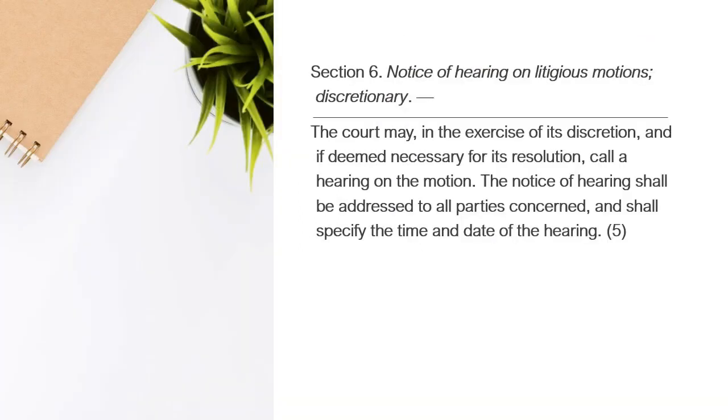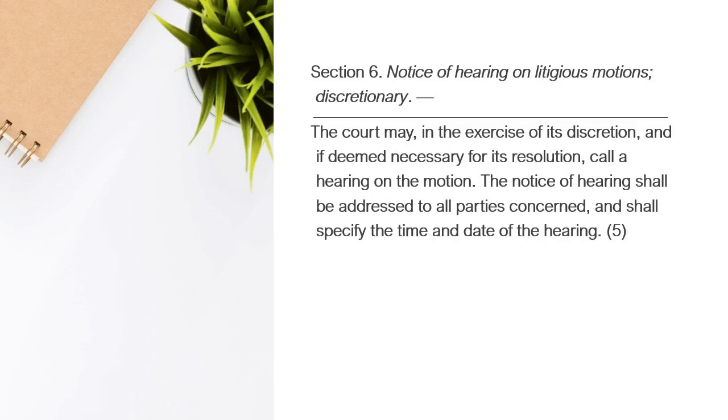Section 6. Notice of hearing on litigious motions. Discretionary. The court may, in the exercise of its discretion, and if deemed necessary for its resolution, call a hearing on the motion.